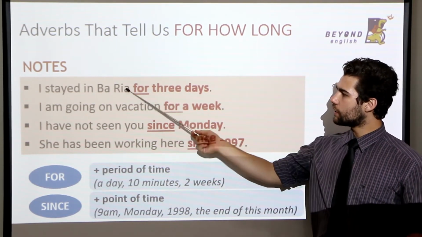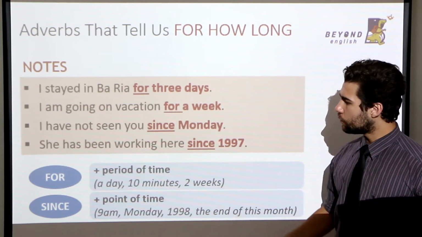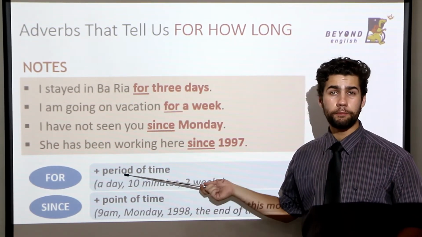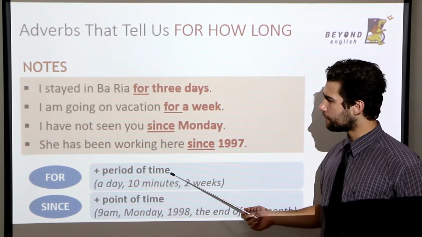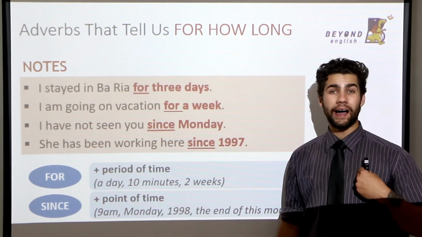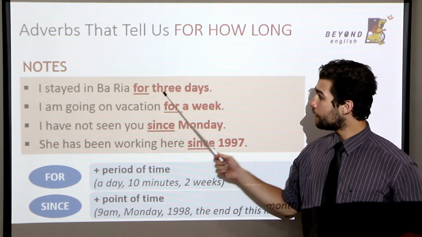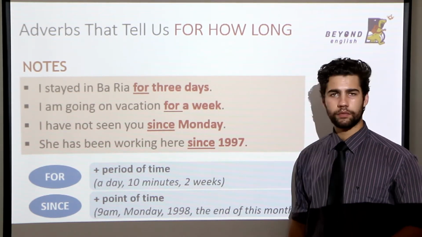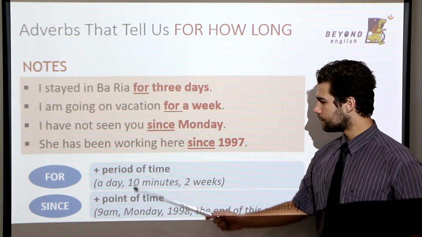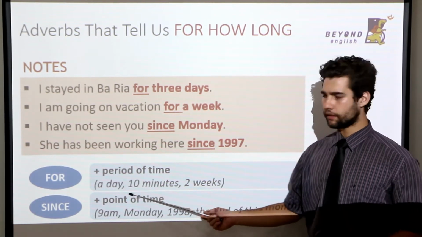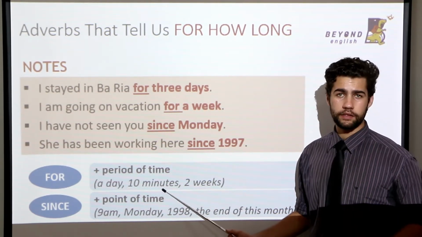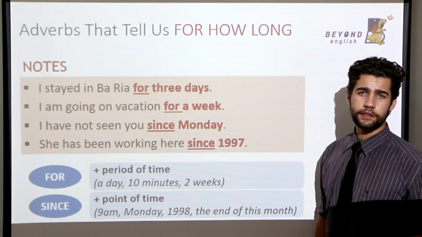When we use for, we always talk about a period of time. So, I stayed in Beyond English for 3 days. We can say a day, 10 minutes, 2 weeks.